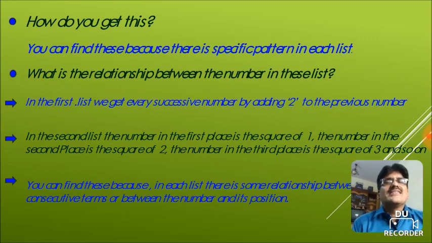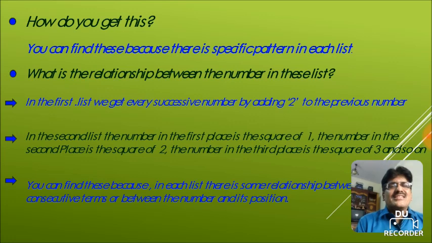How do you get this? You can find this because there is a specific pattern in each list. What is the relationship between the numbers in this list? In the first list, you can see every successive number is obtained by adding 2 to the previous number. In the second list, what can you observe?